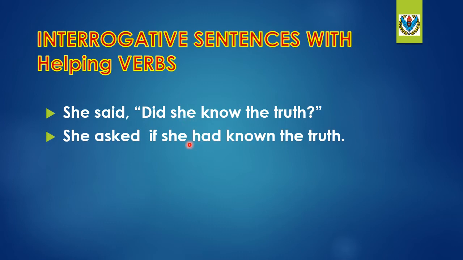On the other hand, in an indirect sentence, the helping verb or verb comes after the subject. So, this is the structure of a positive sentence. Whenever we convert an interrogative sentence into indirect speech, we have to keep the structure of a positive sentence. That's why we won't use any question mark here.